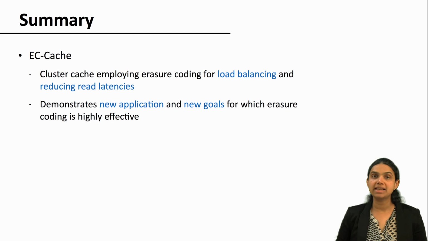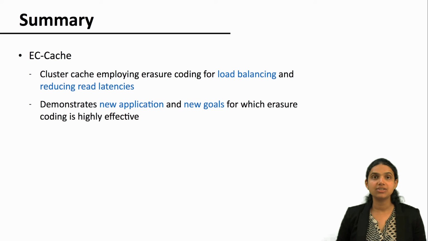In summary, we presented EC cache, which is a cluster cache that employs erasure coding to achieve load balancing and to reduce read latencies. So far, erasure coding has been largely employed in disk-based storage systems, primarily to provide fault tolerance in a space-efficient manner.